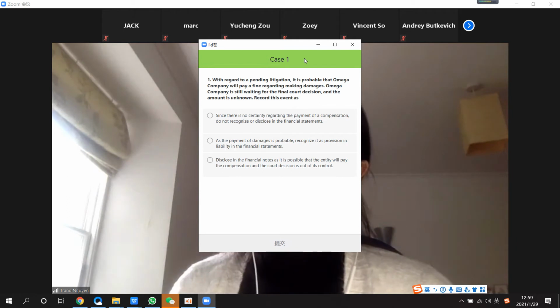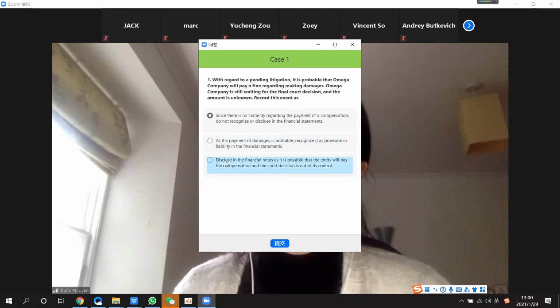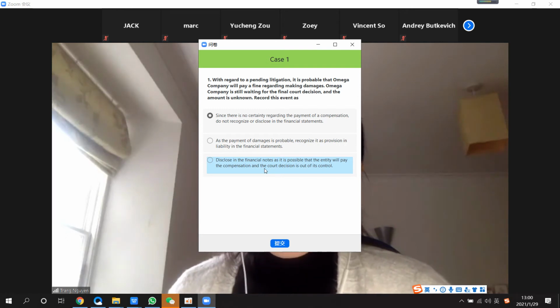So we have three options. The first one is no certainty, so do not recognize, do not disclose, meaning don't do anything. The second is that as the payment is probable and reliable, it should be recognized as a provision. And another is that it should be disclosed as a note, meaning it should be recognized as a contingent liability.